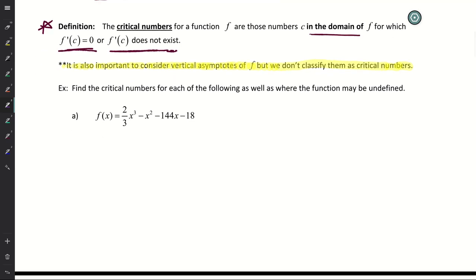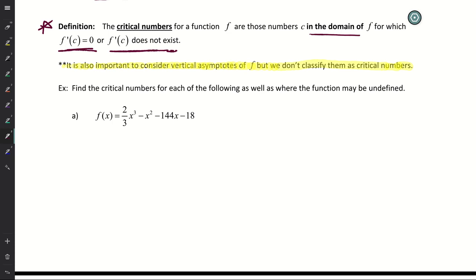So on this first example, it says find the critical numbers for each of the following, as well as telling where the function might be undefined. So the first thing I'm going to do is make a note of what the domain of my function is. We notice that this particular function is what we call a polynomial. That means that it's just a sum or a difference of positive integer powers of x.